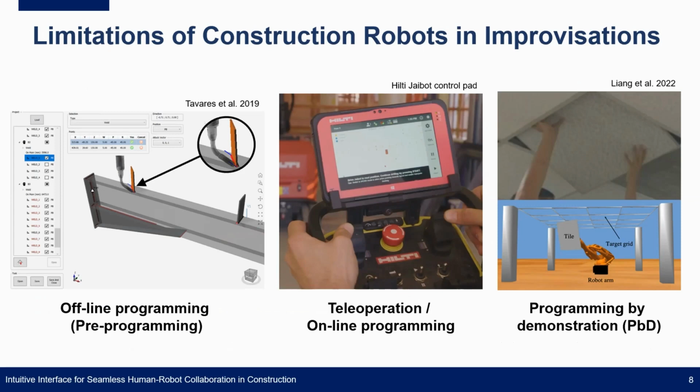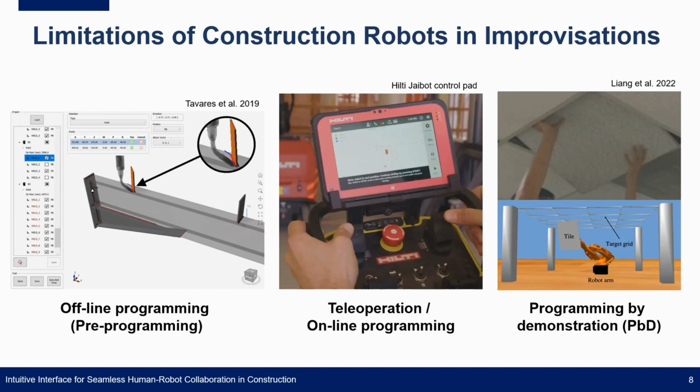These are the interfaces currently used to control construction robots. The important thing is that when it comes to delivering such improvisations I mentioned in the previous slide, these interfaces still have some limitations. The first interface is offline programming or pre-programming, which has been used in operations such as welding or assembly.